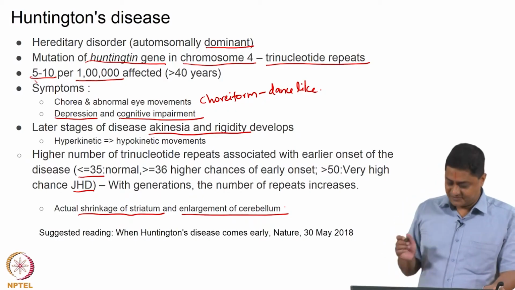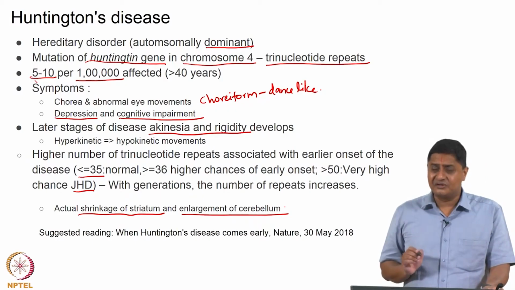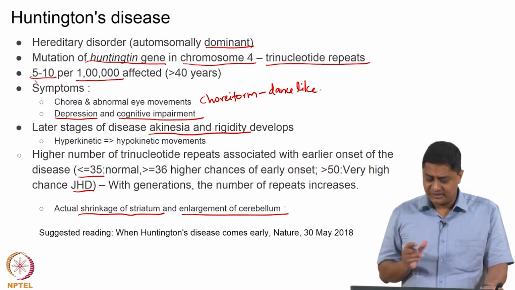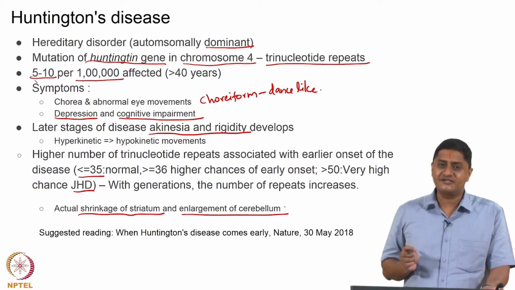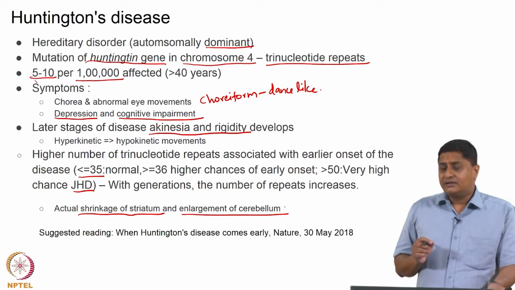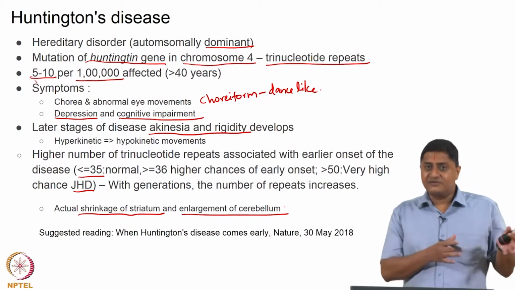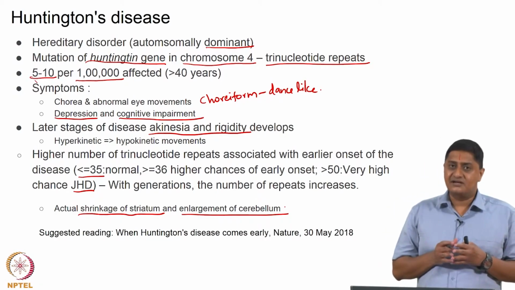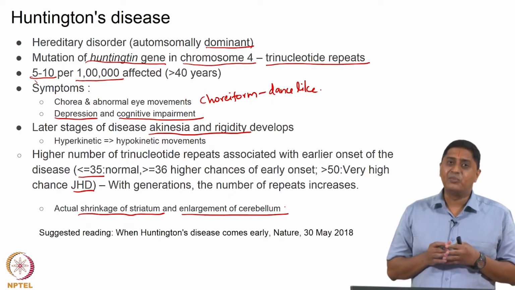Although the specific gene, the chromosome and the particular molecular details have been identified, still a lot of research is needed to further understand this. Let us remember that in comparison with Parkinson's disease, Huntington's disease and its pathophysiology are relatively poorly understood.